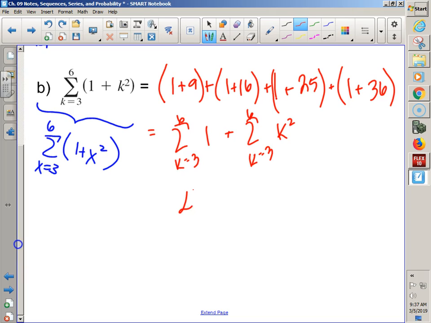There's only 4 ones, 1 plus 1 plus 1 plus 1. So that's a little bit awkward once the bounds change from our properties on the page before. But then we would have our 9 plus 16 plus 25 plus 36. Have you guys already found this one? What does it end up being? 20, 45. Yep.